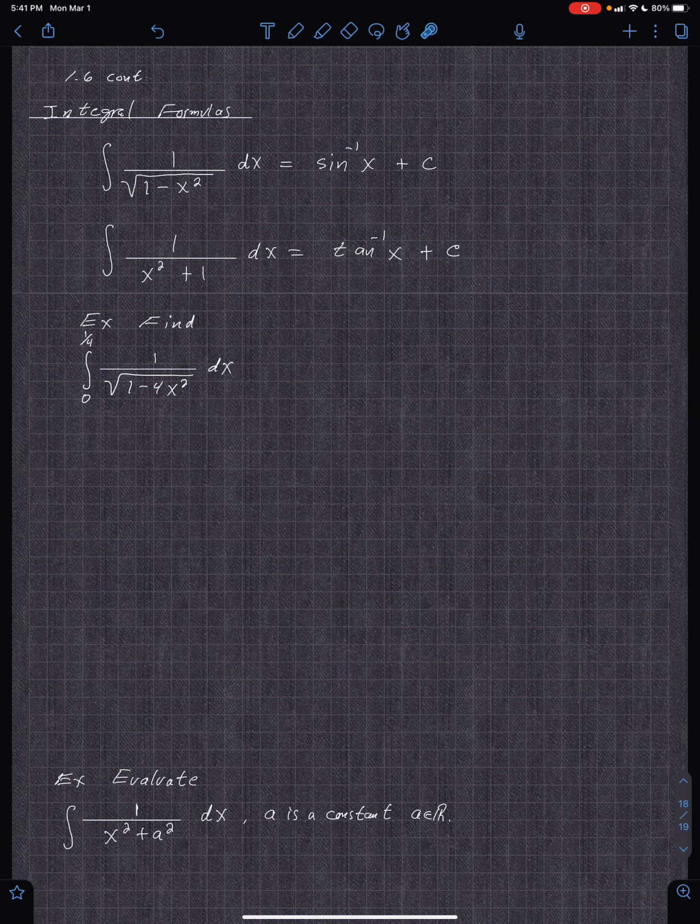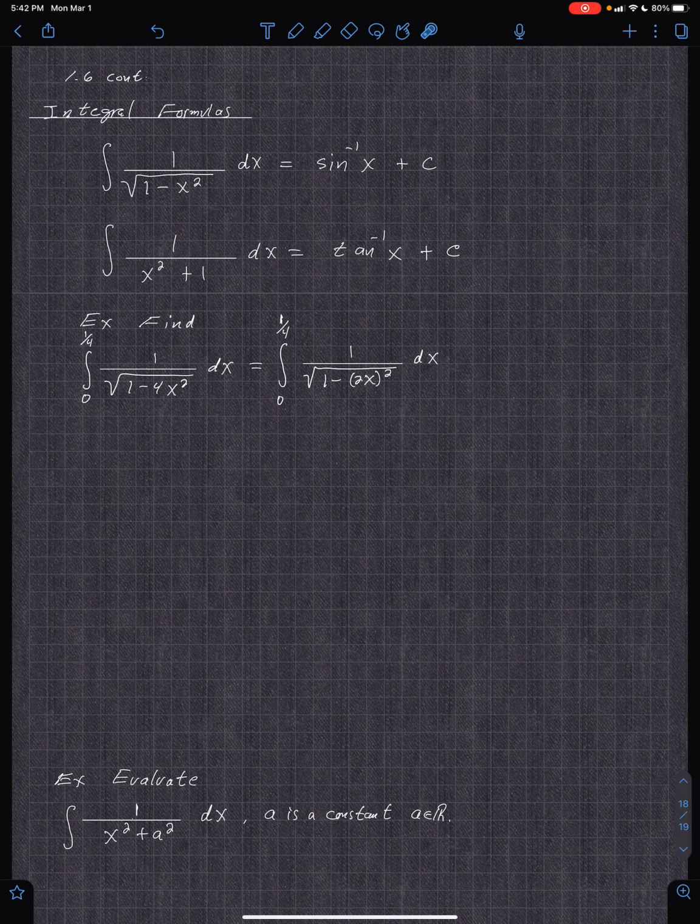This one is a definite integral, 0 to 1/4. What we want to do is rewrite this as the integral from 0 to 1/4 of 1 over the square root of 1 minus (2x) squared dx.